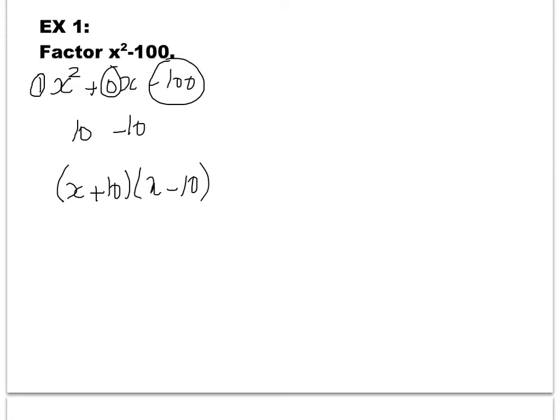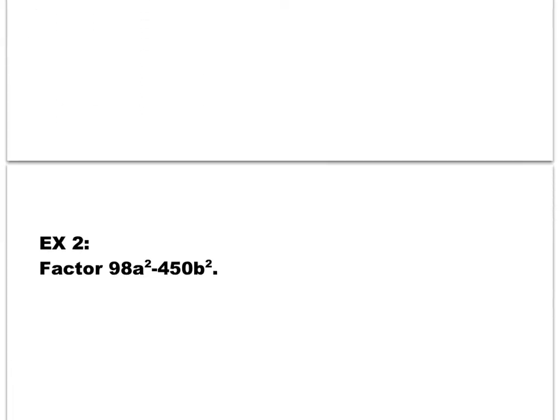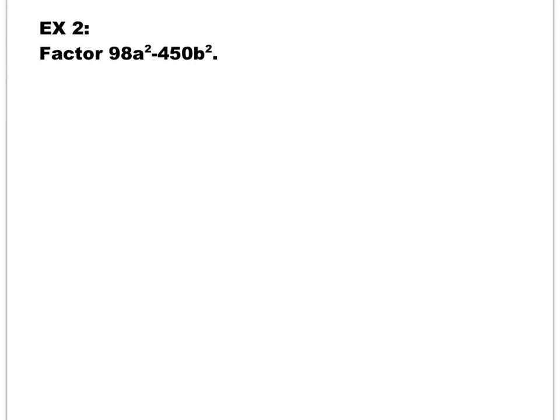Now, the next example, we are going to factor the binomial 98a squared minus 450b squared. First of all, we have to do the common factor. The common factor here is 2. So, if I take 2 out, I get 49a squared minus 225b squared.